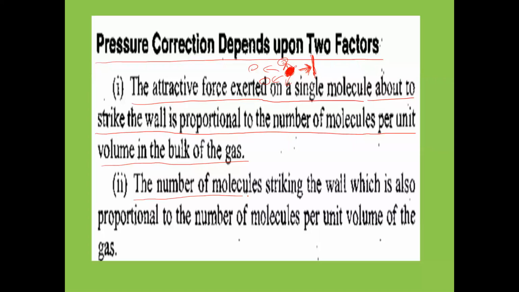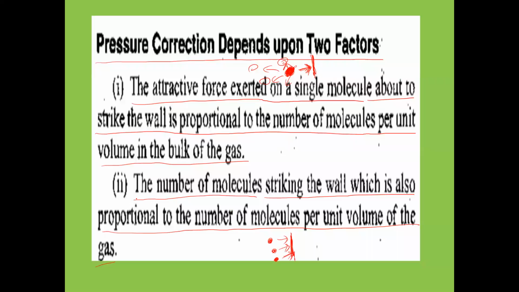Next, the number of molecules striking the wall is also proportional to the number of molecules per unit volume of the gas. That means, on this wall, more molecules mean more pressure will be exerted. If the number of gas molecules is greater in the given gas, more collisions will be there on the walls of the container. If the number of molecules is greater, then more pressure will be exerted.